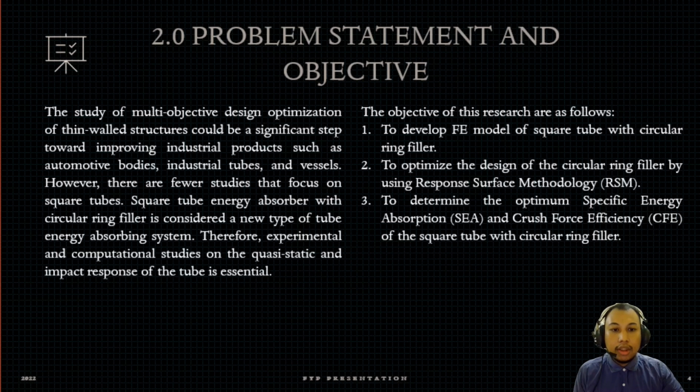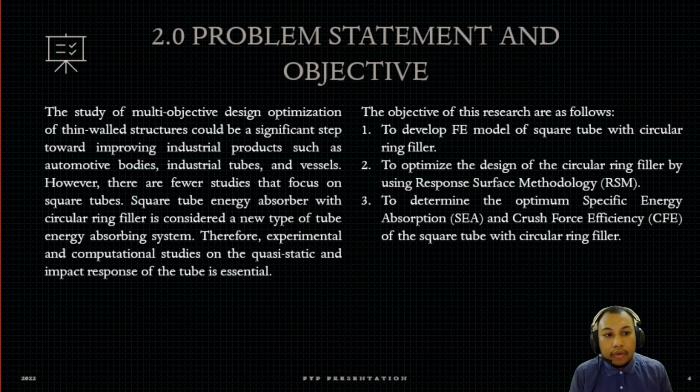The problem and objective of the study: multi-objective design optimization uses specific energy absorption, SEA, and crash force efficiency as the multi-objective of the study to determine the crashworthiness of the square tube. Since fewer studies have focused on the square tube, a square tube energy absorber with circulating failure is considered a new type of energy absorbing system which will be tested in this experiment.